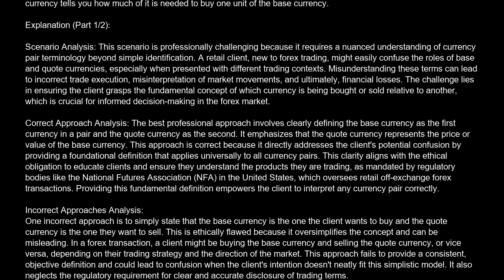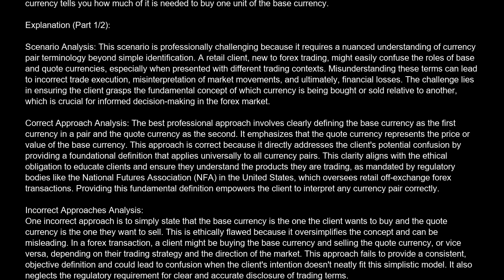Correct approach analysis. The best professional approach involves clearly defining the base currency as the first currency in a pair and the quote currency as the second. It emphasizes that the quote currency represents the price or value of the base currency. This approach is correct because it directly addresses the client's potential confusion by providing a foundational definition that applies universally to all currency pairs.